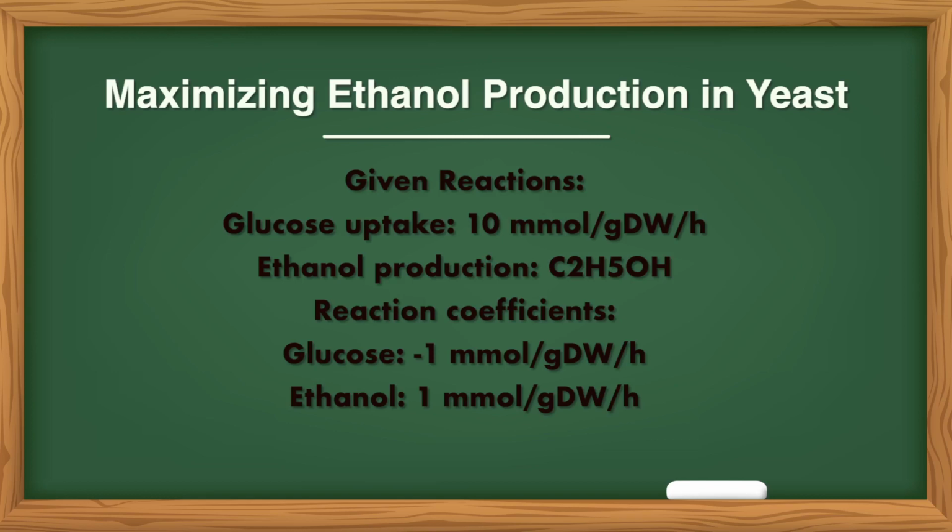Now, what are the reaction coefficients? For glucose, it is negative 1 millimole per gram dry cell weight per hour. For ethanol production, it is 1 millimole per gram dry cell weight per hour. You see, ethanol is a rate of production, that is why it is positive in nature.